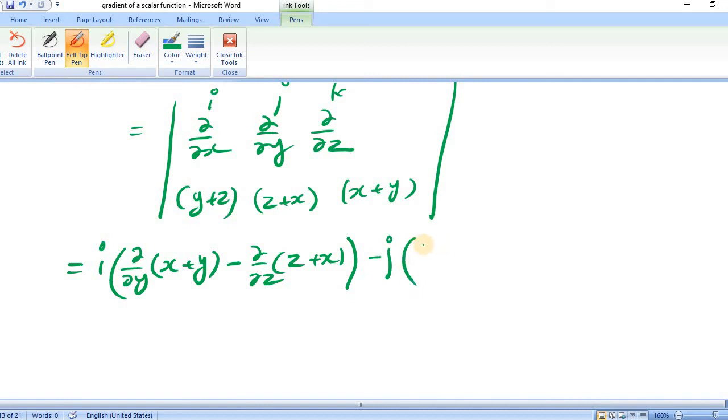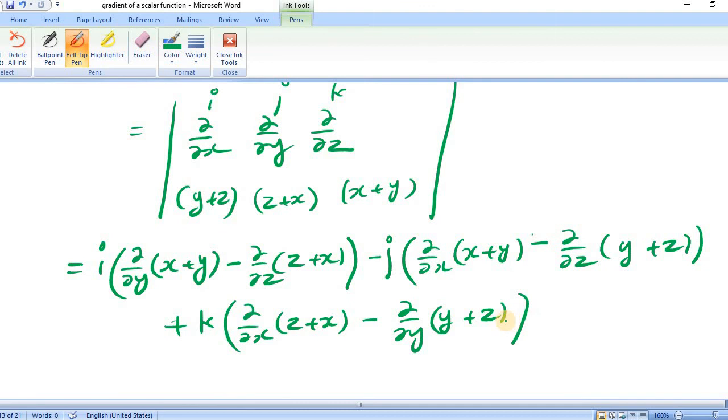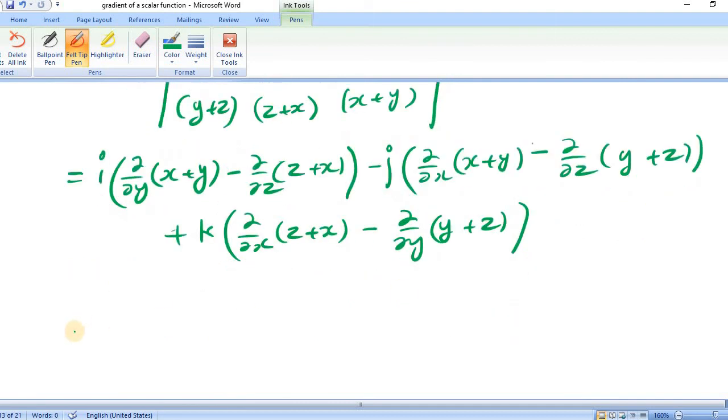Then we have to apply del upon del x on x plus y minus of del upon del z operated on y plus z, and the last term, which is plus k. So we have to do del upon del x on z plus x minus del upon del y on y plus z. So we need to evaluate this. We will perform the partial differentiation.